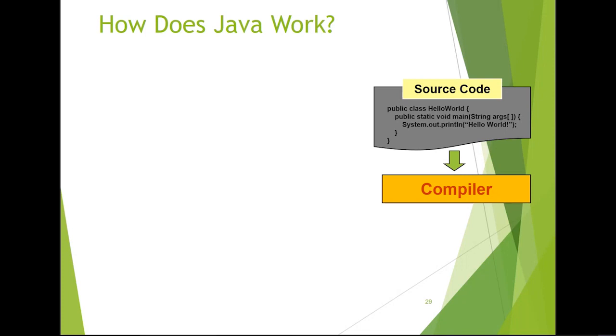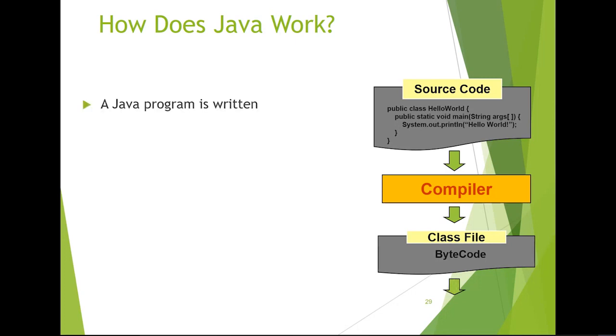Next, it will turn the source code into bytecode. That bytecode is going to be a class file. Now, this class file is going to be given to the different Java virtual machines.